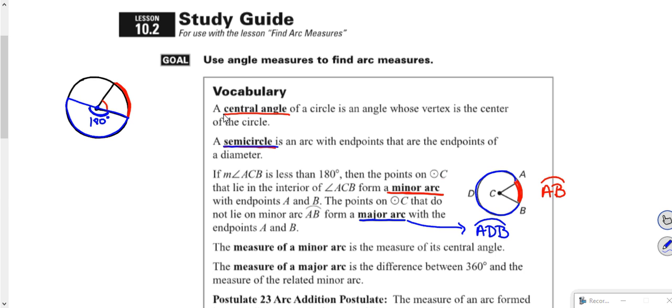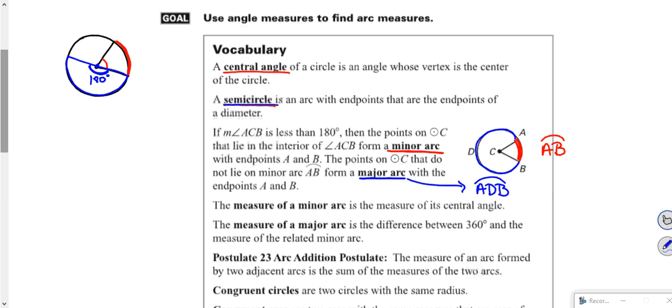Now it says the measure of a minor arc is the measure of its central angle, and that's what I alluded to earlier. That means, in this one up here, if I said this was 80 degrees, let me label these points. Let me say this is D, E, F. Then I would say the measure of arc ED was also 80 degrees.